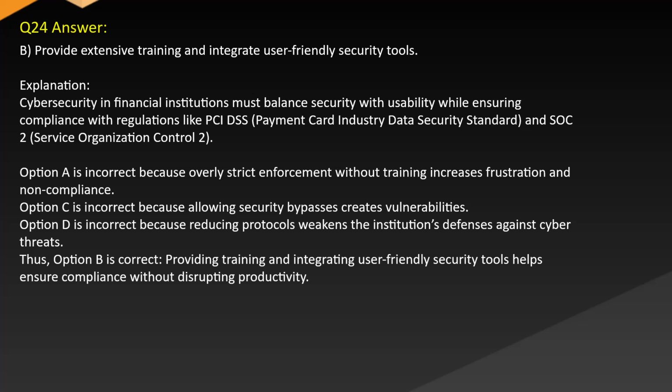Option C is incorrect because allowing security bypasses creates vulnerabilities. Option D is incorrect because reducing protocols weakens the institution's defenses against cyber threats. Thus, option B is correct. Providing training and integrating user-friendly security tools helps ensure compliance without disrupting productivity.